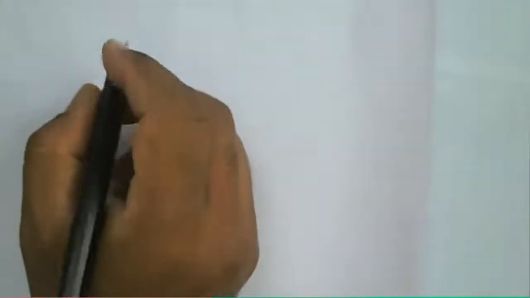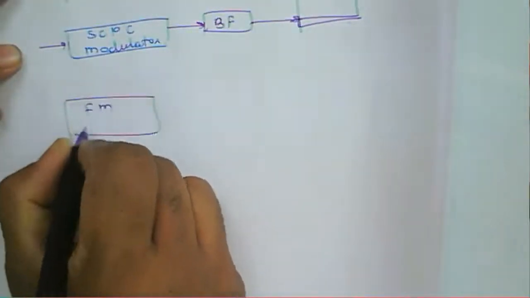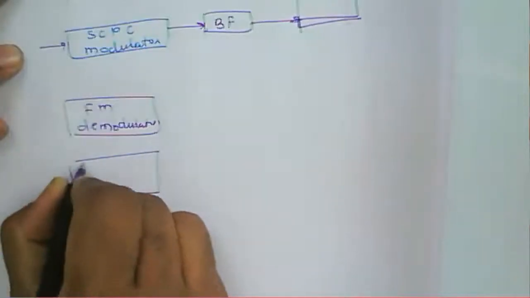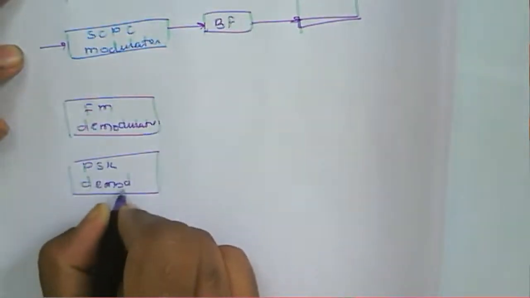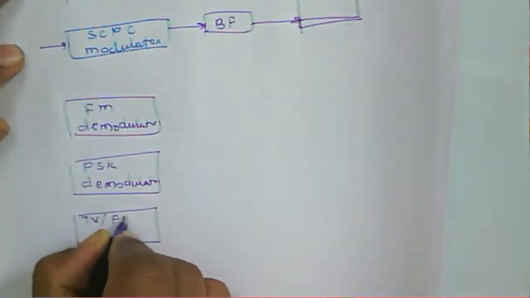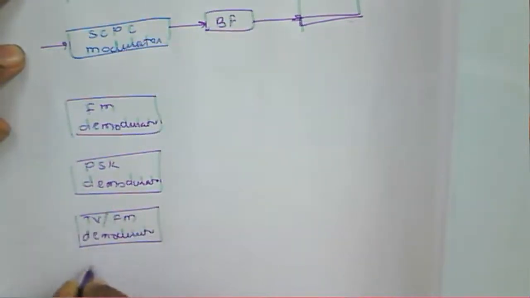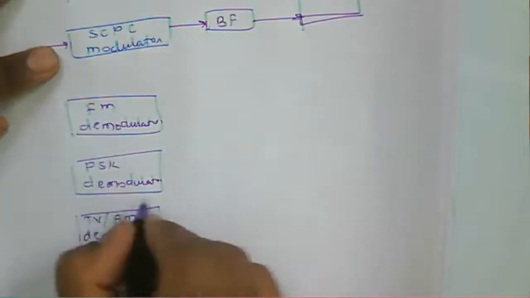For the receiving side, we have the FM demodulator, then the PSK demodulator, then the TV oblique FM demodulator, then the SCPC demodulator.